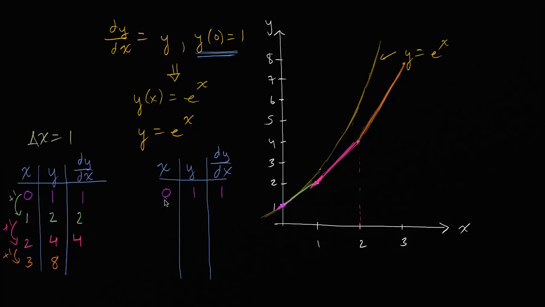But then if we're incrementing by 1/2, when x is 0.5, what is our new y going to be? Well, we're going to assume that our slope from this to this is this slope right over here. So our slope is 1. So if we increase x by 0.5, we're going to increase y by 0.5, and we're going to get to 1.5. So when we get 0.5, 1.5, we get to that point right over there.